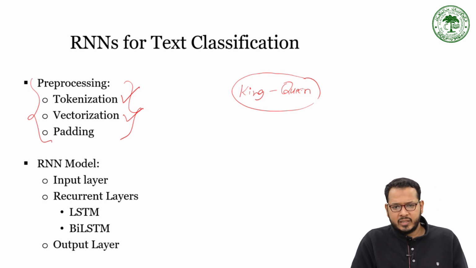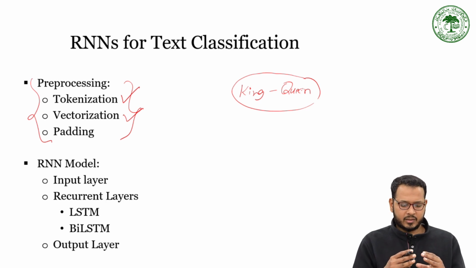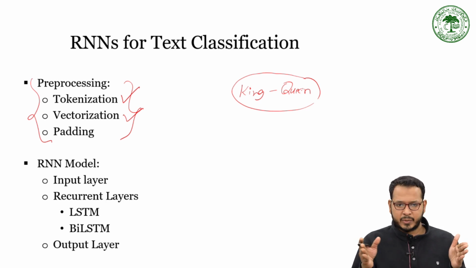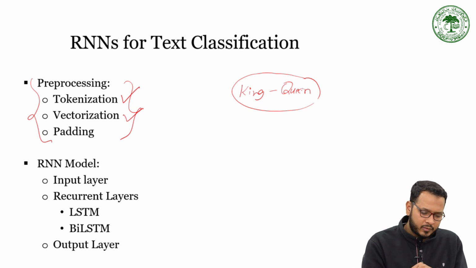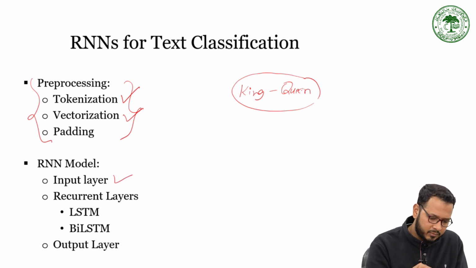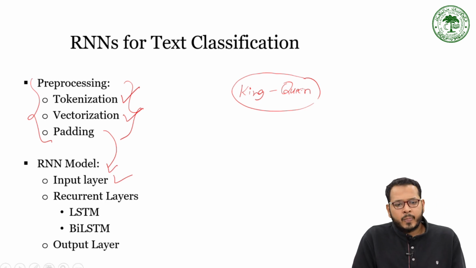The input layer accepts the pre-processed text in the form of vectors, but this time not the words. They have the word embedding representations, the dense representations in the form of vectors. So the input layer takes data from the pre-processing step.